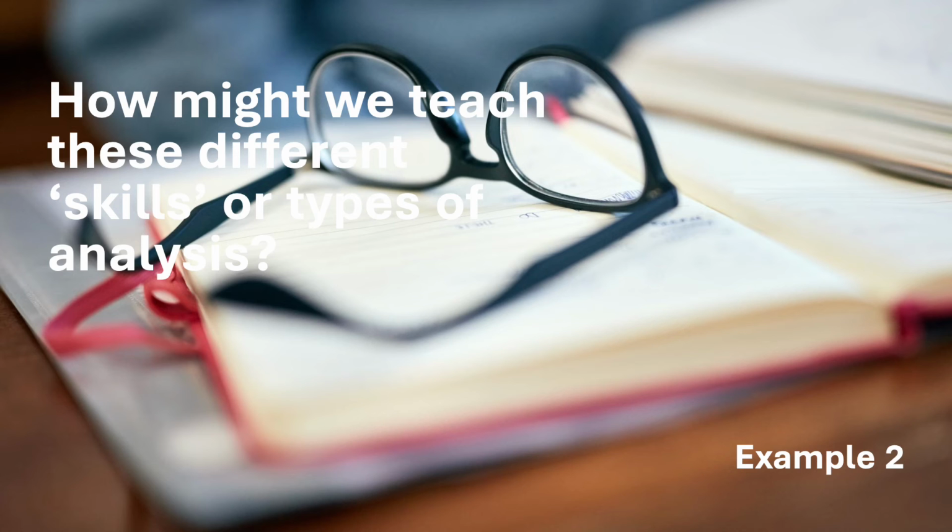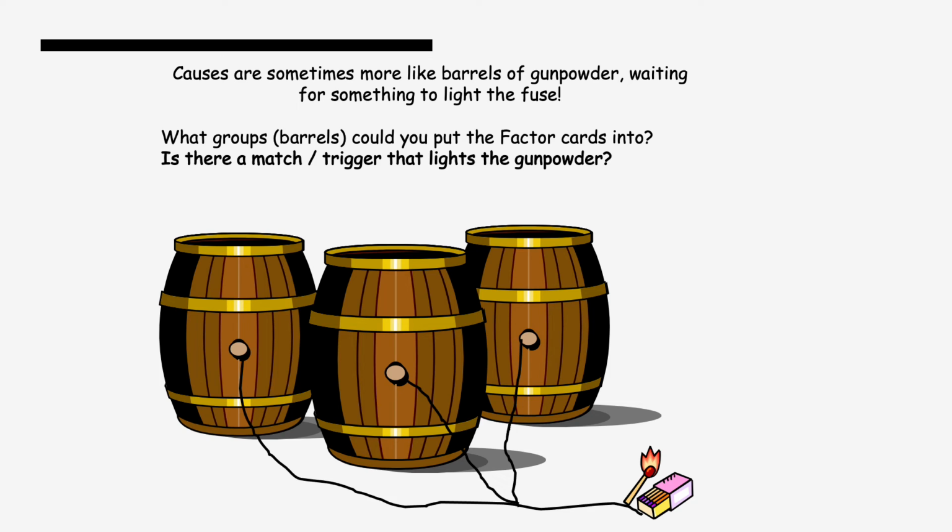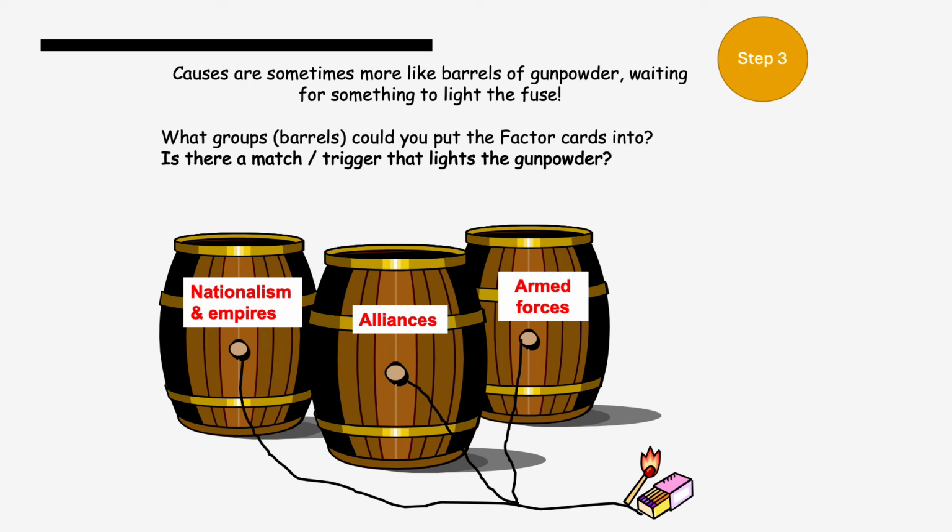So the pupils acquire the knowledge of the different causes of World War I as they normally would, and they then sort out their causes in the normal way that you would, i.e. they might sort them under big headings of nationalism and empires and alliances and armed forces, and they then can see that these reasons, they're classifying reasons, aren't they?